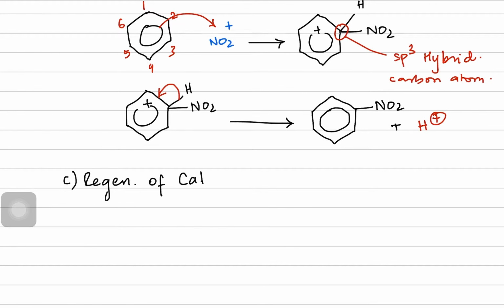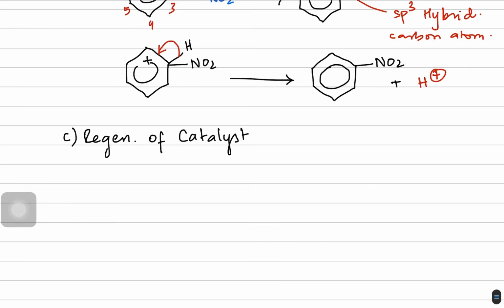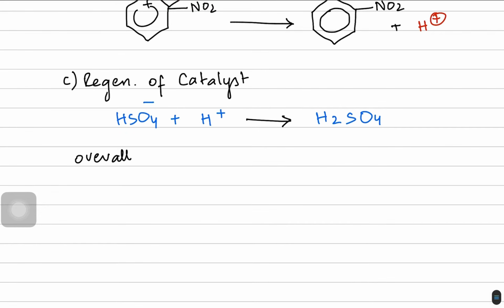How do we regenerate the catalyst? The catalyst, you should remember, was concentrated sulfuric acid. So the hydrogen ion that is produced reacts with the hydrogen sulfate ion and produces sulfuric acid. In this way, sulfuric acid is recreated and is able to catalyze another series of reactions.